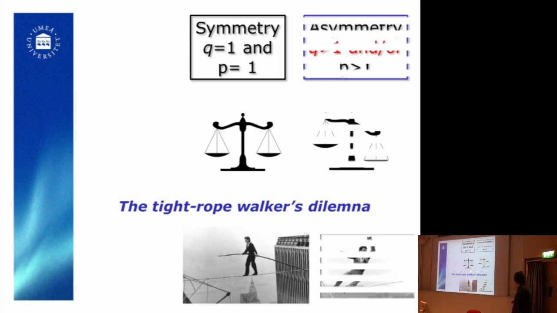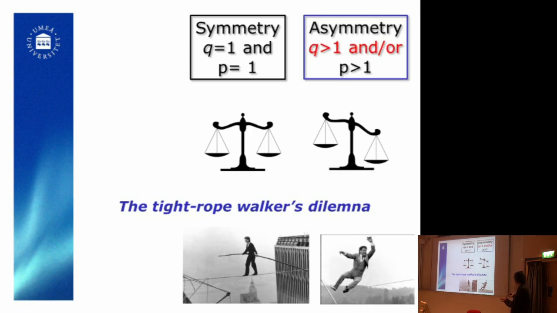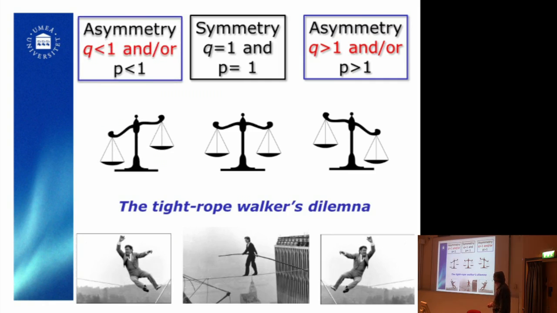But as soon as, for example, Q gets larger than 1 or P gets larger than 1, you fall off. And if Q is smaller than 1, you fall off in the other direction. So ontogenetic symmetry in present ecological theory is, as I argue here, a limiting case for a specific parameter combination.